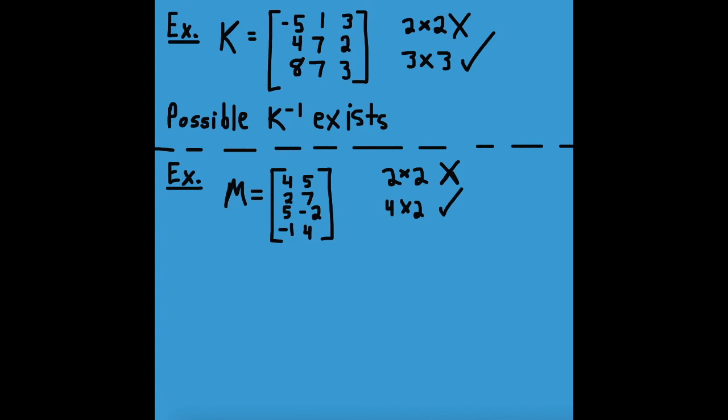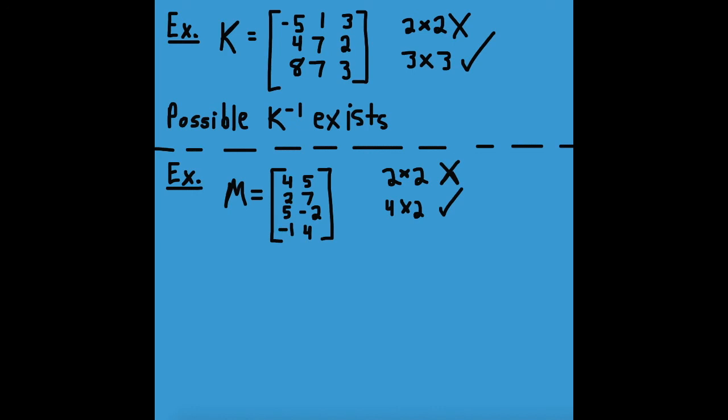The previous example had a 3 by 3 matrix, which is 3 rows and 3 columns, and since 3 equals 3, there is a possibility of having an inverse matrix. However, this example deals with the 4 by 2 matrix, where 4 is the number of rows and 2 is the number of columns. Since the number of rows do not equal the number of columns, we cannot find the inverse of the matrix in general.